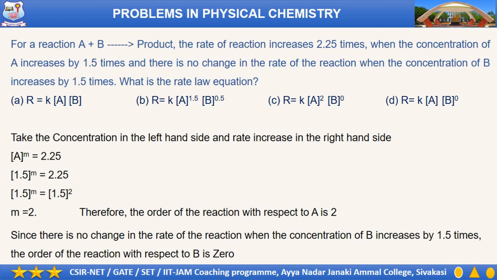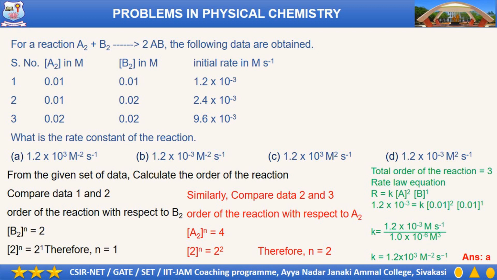If you go by this zero order reaction, here also zero, here also zero, and of these two you have to find out which is the correct one. Then you should go for the next concentration term. I think you have followed this shortcut method. If you have followed this one, now work out this problem for a reaction.